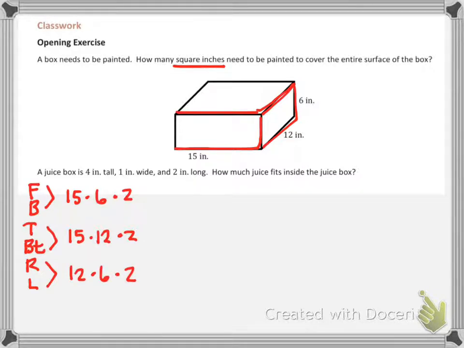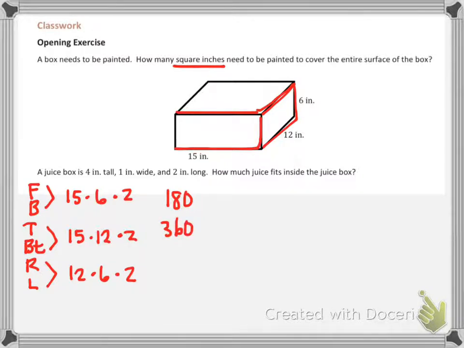And then we can use our calculator to find out what the surface area is. 15 times 6 times 2 is 180. And then 15 times 12 times 2 is 360. That's the top and the bottom.